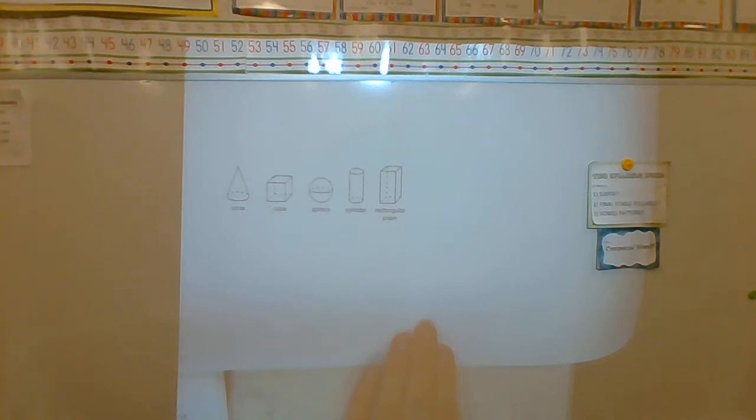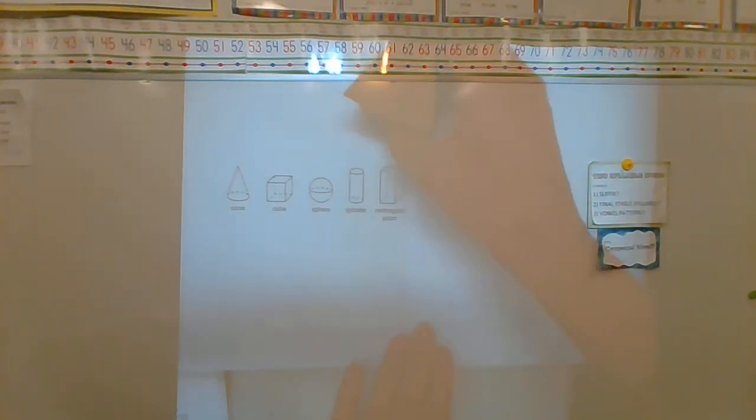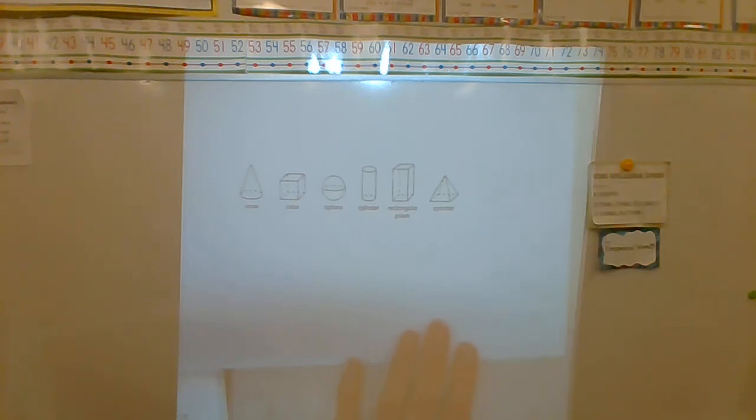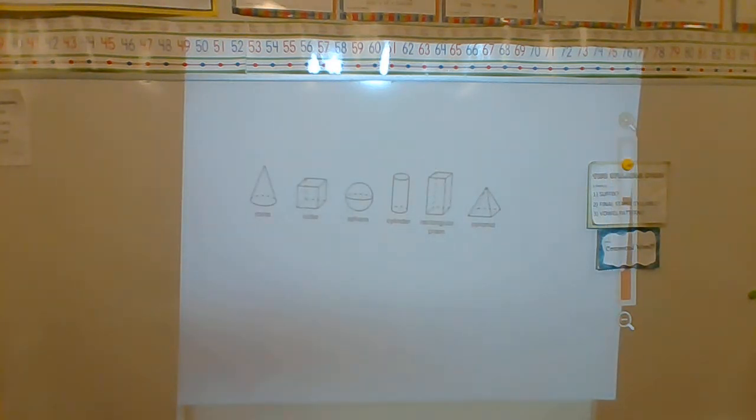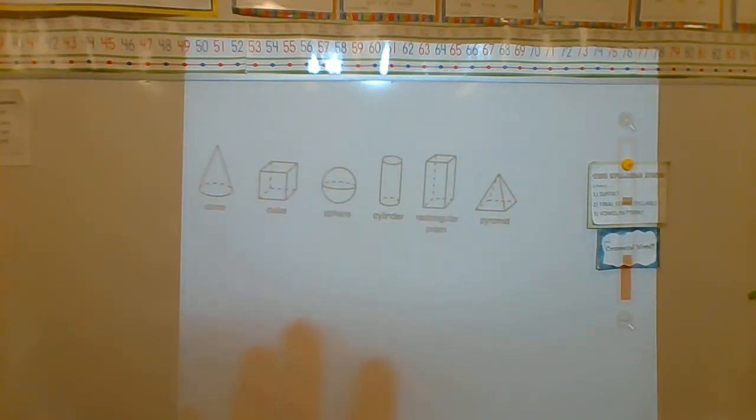And last one we're going to talk about, and you all better know what this is. What is this called? It's the pyramid. That's right. So these are the geometric solids we're going to be talking about today.